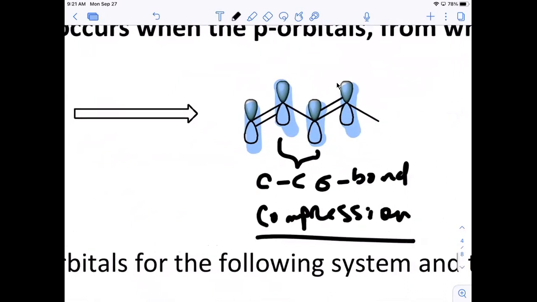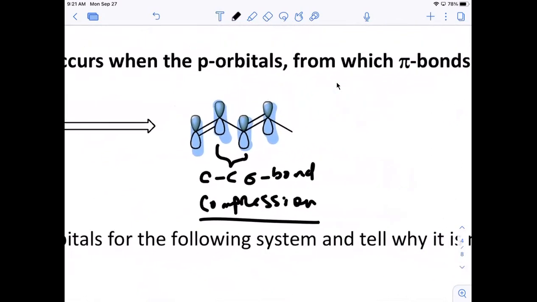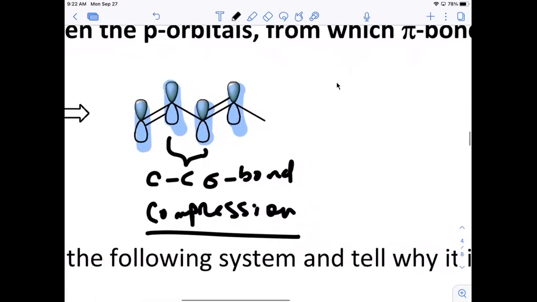Right, and what happens in this case is rather than having just two separate pi bonds, that overlap makes this system go from two separate pi bonds to what we call a 4 pi system.